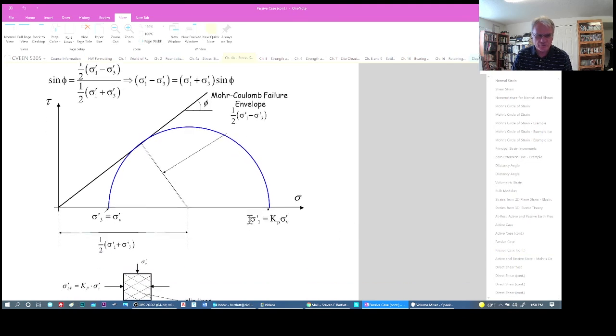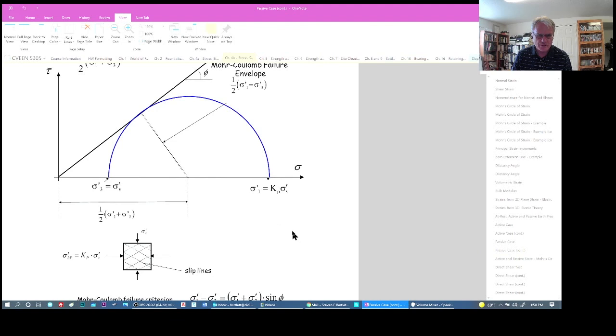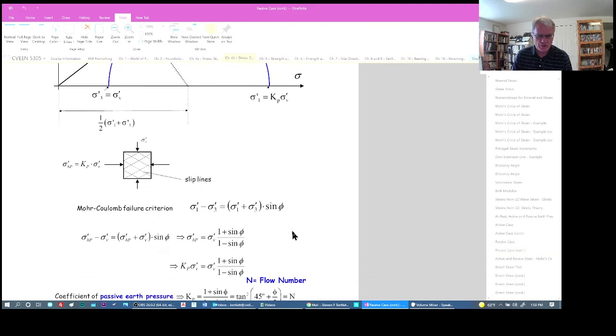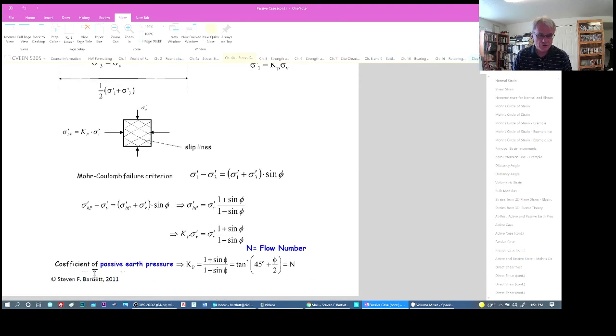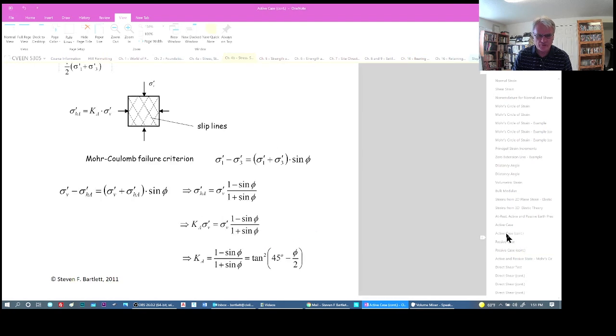And so again, defining everything in terms of major and minor principal stresses, we can go ahead just like we did before and come up with the coefficient of passive earth pressure, Kp, which is equal to 1 plus sine of phi over 1 minus sine of phi, or tangent squared of 45 plus phi divided by 2. So just look at this for passive earth pressure and compare it to active earth pressure.